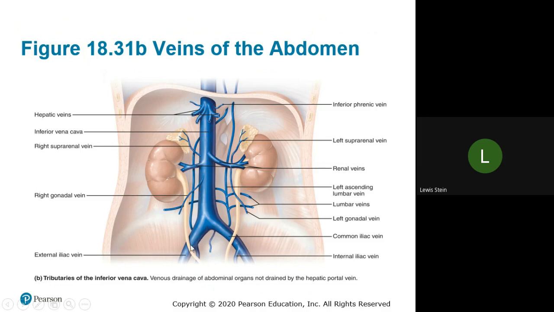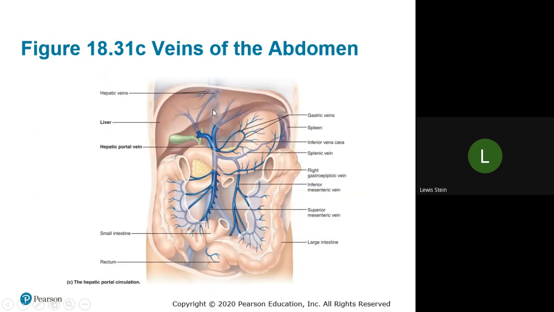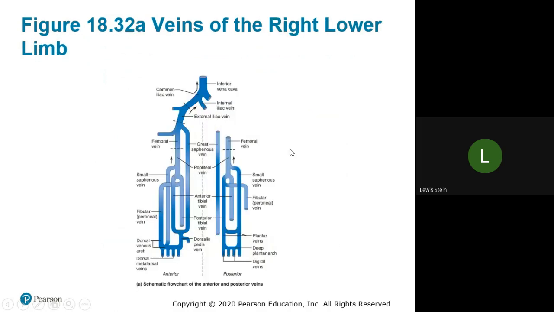Everything else is pretty straightforward. Okay. Iliac veins, vena cava, renal veins, gonadal veins, suprarenal veins, and you can see all the hepatic veins leading into it. There's that portal vein leading into the liver, coming from all those mesenteric veins.